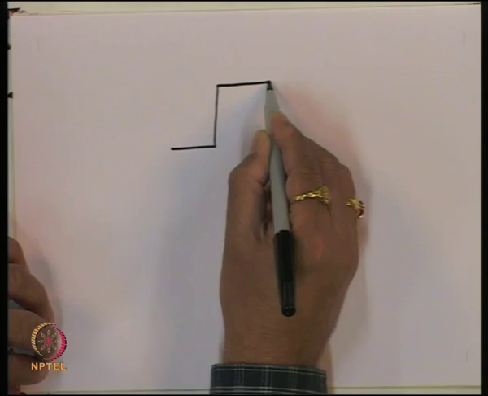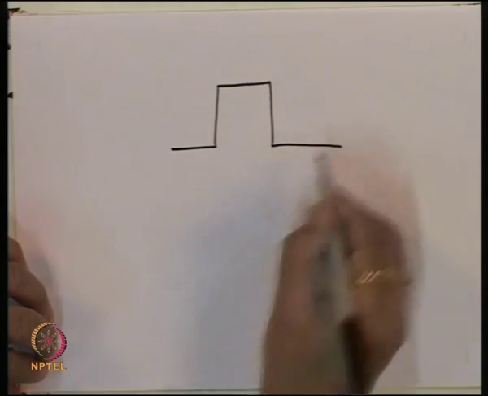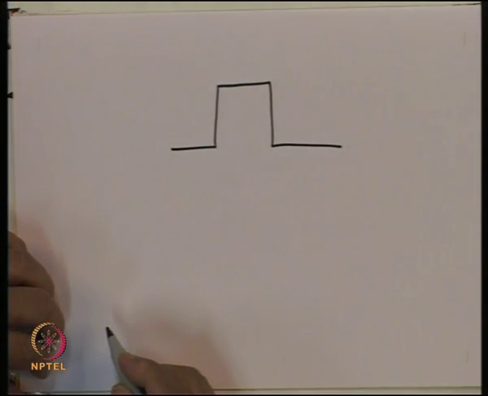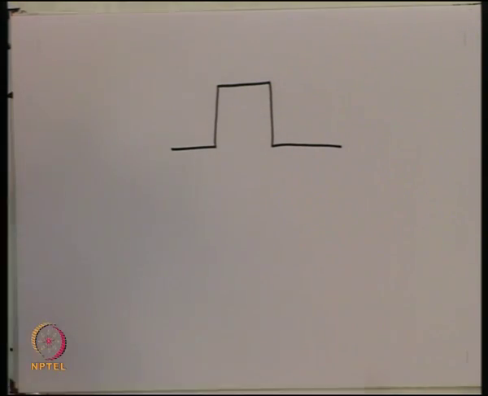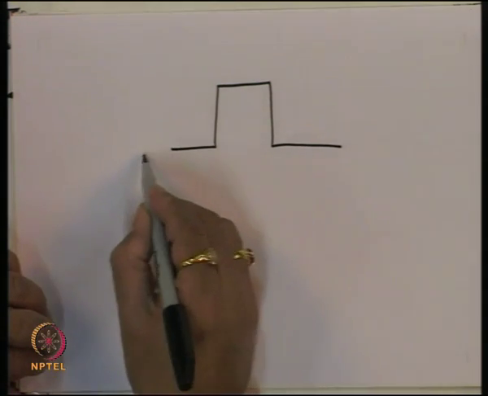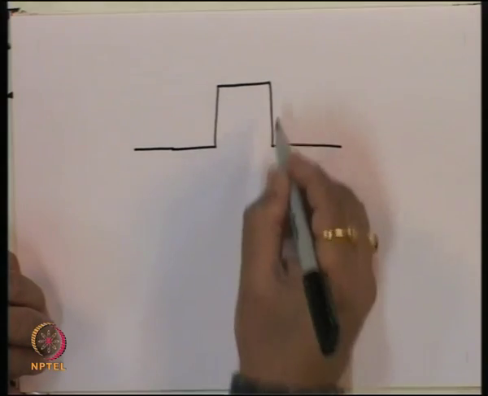Also, because of this finite bandwidth, in the time domain we have ripple in the signal. So, what we are saying is, if ideally we had transmitted an optical pulse which was like this, and if the bandwidth of the system was infinite, you would have got a current pulse which would look like that.